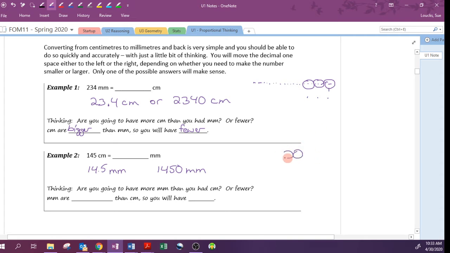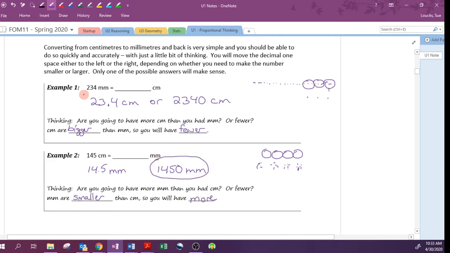I've got a centimeter and a centimeter and a centimeter and a centimeter, and each centimeter is now going to be 10 millimeters, because I'm just splitting it up into millimeters. So I'm going to have way more millimeters. They're smaller, so I'm going to have more. So my answer is going to be this one.